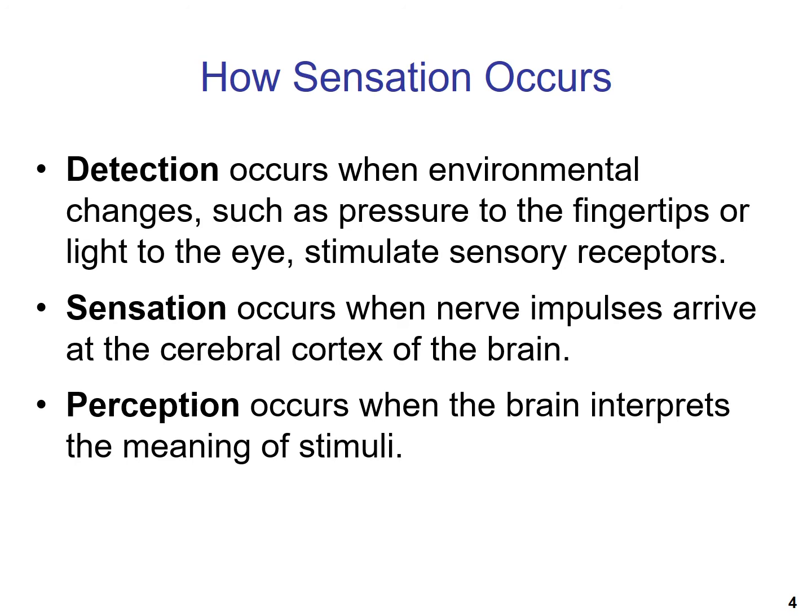It's only sensation when those nerve impulses arrive at the cerebral cortex of the brain. Perception is going to occur when the brain interprets the meaning of the stimuli. So sensation and perception are a different thing. Sensation means that you're detecting something that's going on either internally or externally, but perception is recognition.